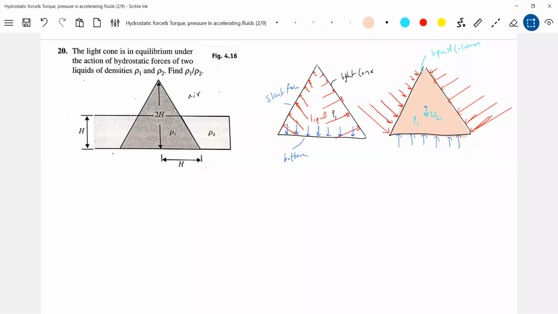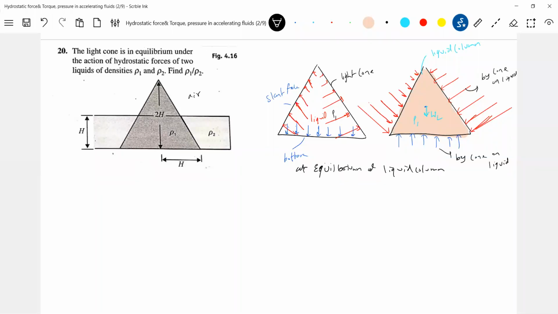So on the liquid column, by cone on liquid. Equilibrium of liquid column.